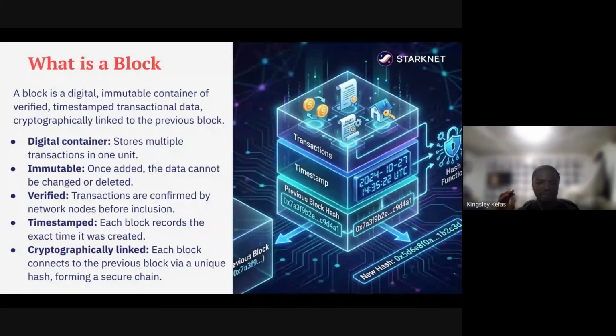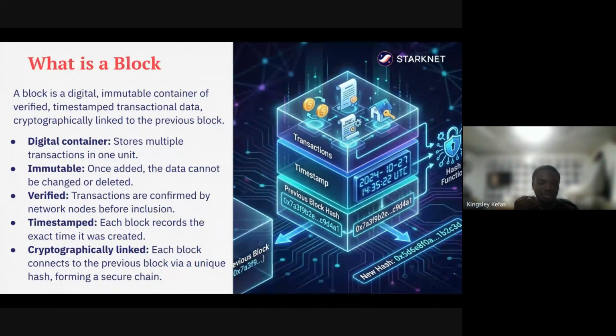So, like I said, mathematics is what powers the blockchain, right? So at the end of the day, all your transaction hash will be computed cryptographically, and then you get the hash of that particular block, so that the next block can link to the current block using its hash.